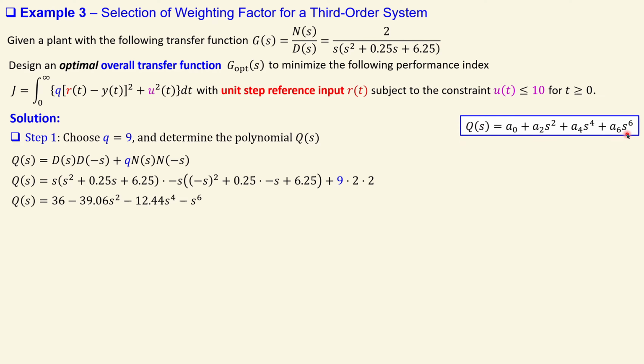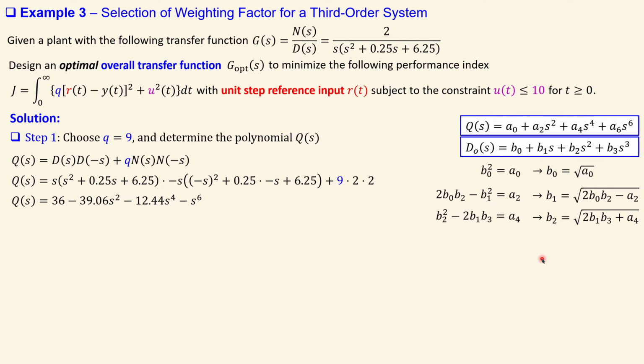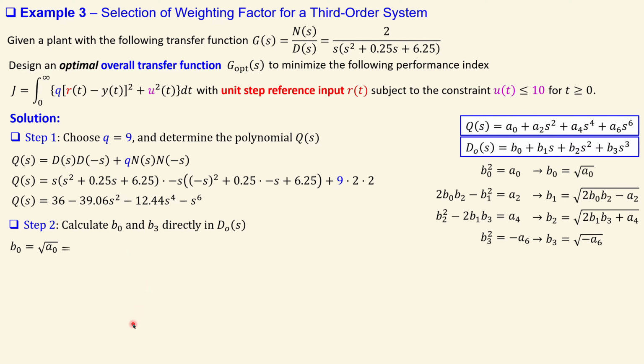The polynomial in general for a sixth order Q is shown here, and for the Hurwitz polynomial, of course, the third order general form is shown here. So again, we compare the terms, and we have this. Now we can again start the procedure by calculating B0 and B3 directly using this.